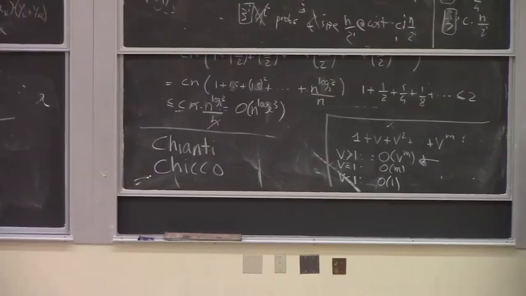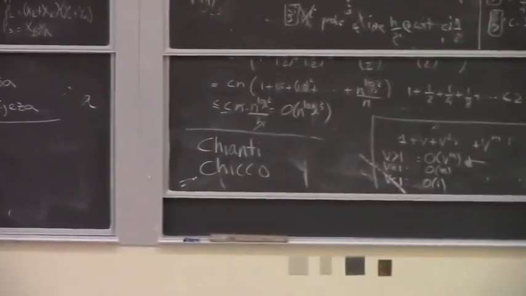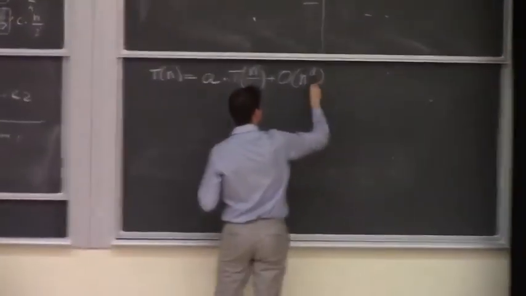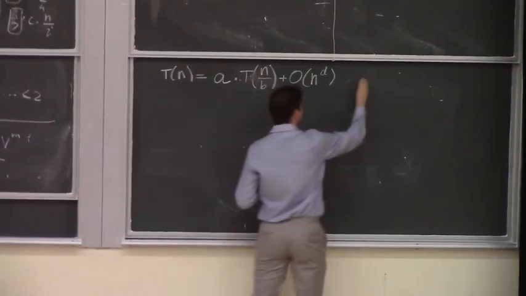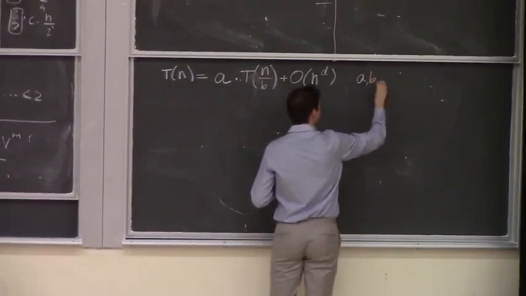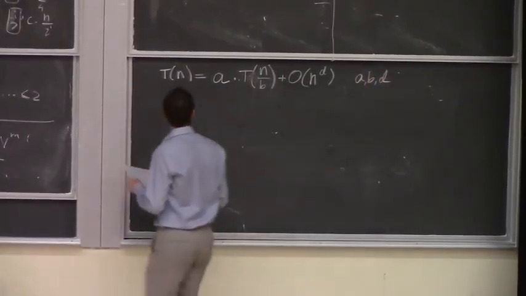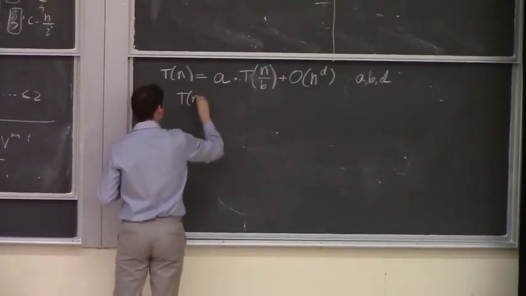But now we're going to look at some generic recursion where the fan out is A, the factor of reducing the problem is B, and the cost to combine will be some n to the d. So now the constants here are A, B, and D. So let me draw it.